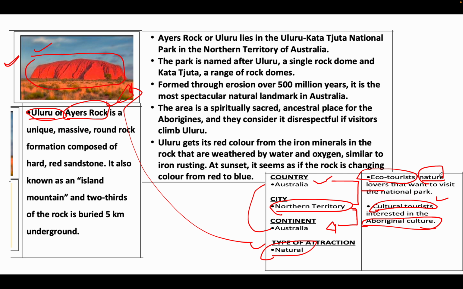Those are the kind of tourist profile that visit Ayers Rock.